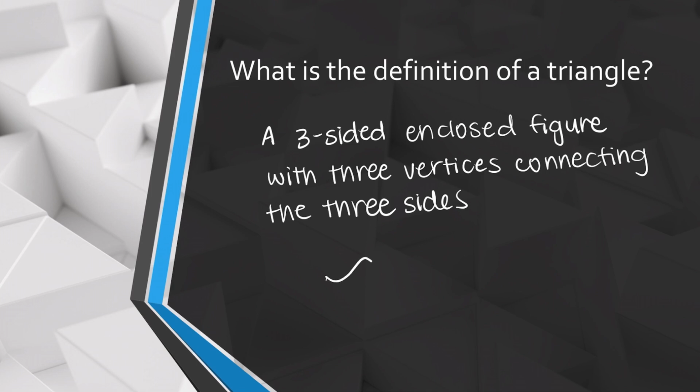So for example, this obviously wouldn't be a side, right? This is like a wavy line. So maybe I'll edit this even more. A three-sided enclosed figure with three vertices connecting the three sides, which are lines.